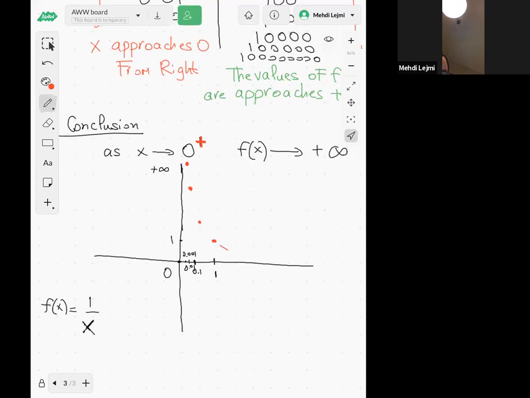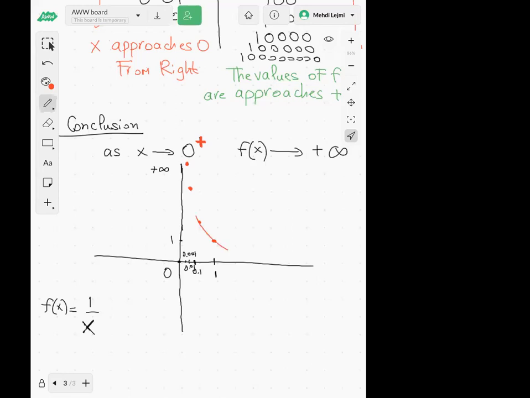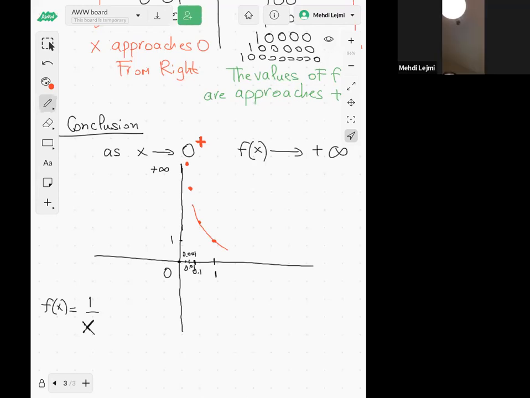So as you can see here, the graph, is there any question, guys? Nope, okay. So what I'm saying is that, as you can see, my graph is getting very close. It's going up, all the way up, right?